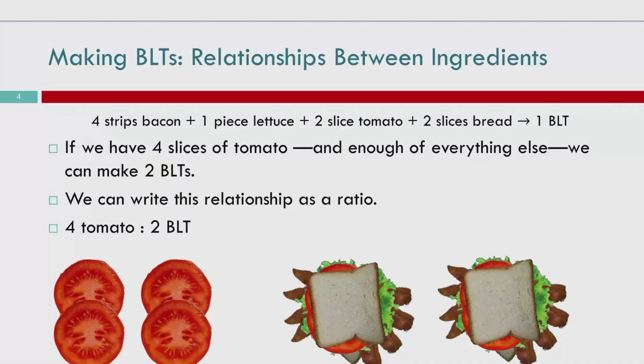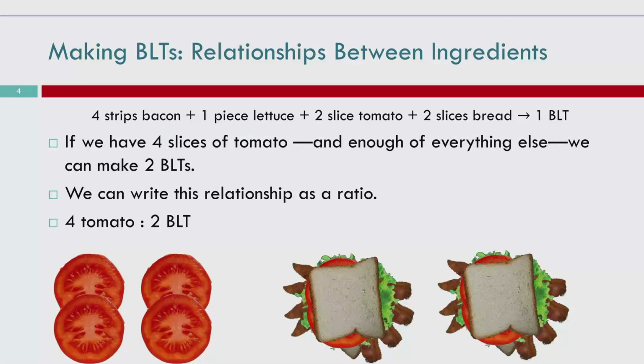The way that we know that is we've got a ratio between slices of tomato and BLTs. We have 4 slices of tomato. If it takes 2 slices of tomato for each BLT, we're using up our first 2 slices of tomato to make 1 BLT. We're using up our second 2 slices of tomato to make the second BLT. So 2 BLTs.